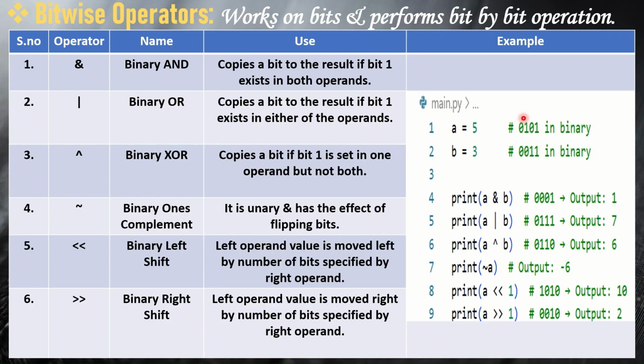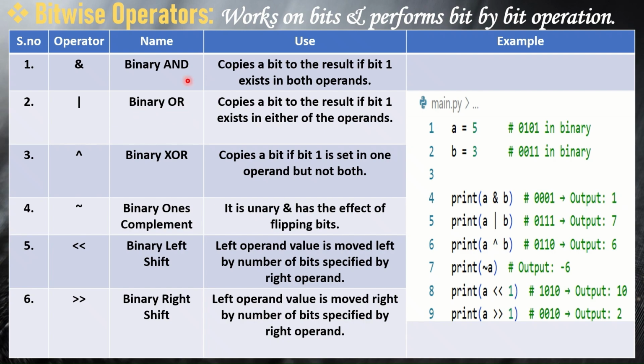Here also the result will be 0. Here also the result will be 0. So if I do the AND operation between a and b, the binary result will be 0, 0, 0, 1. That means the output is 1, which is 2 to the power of 0, because one bit is present at the 2 to the power of 0 place. So 2 to the power of 0 is 1. The output will be 1.